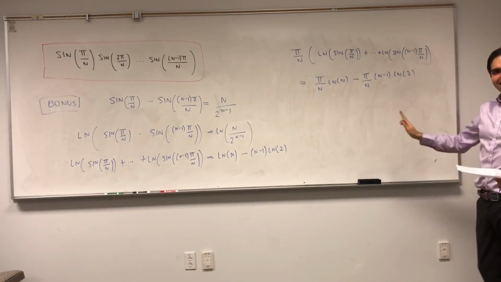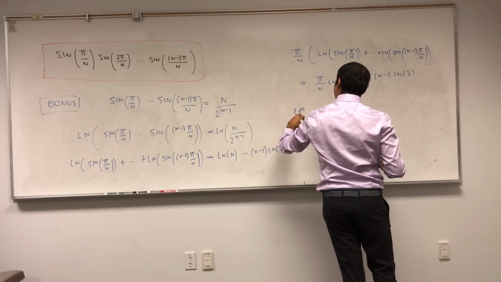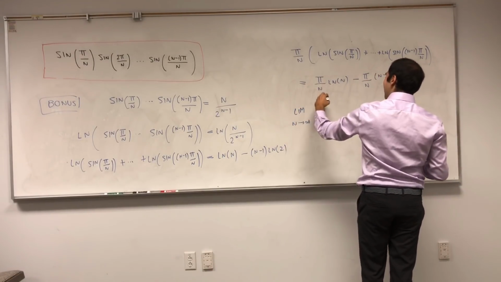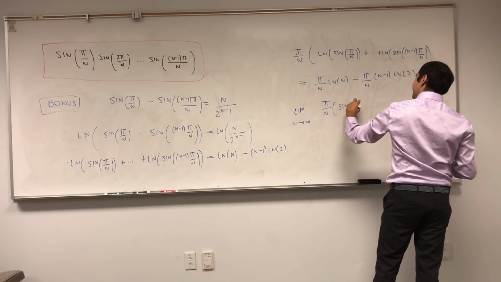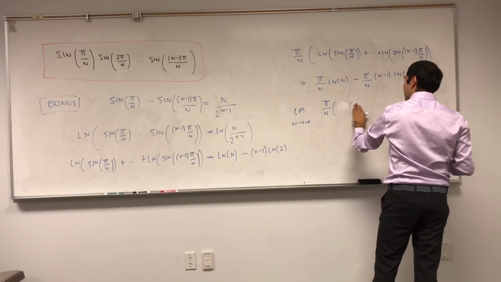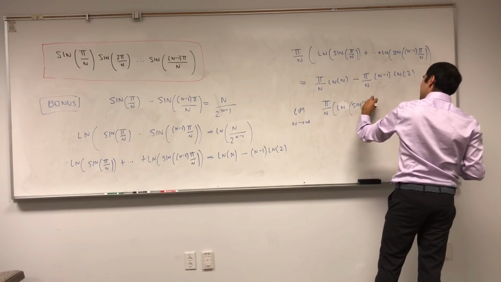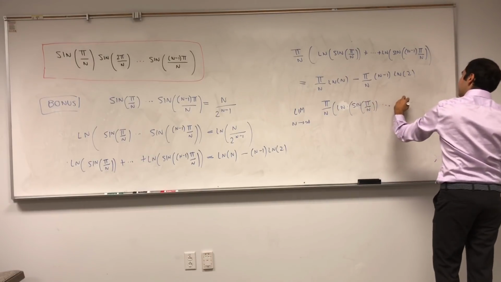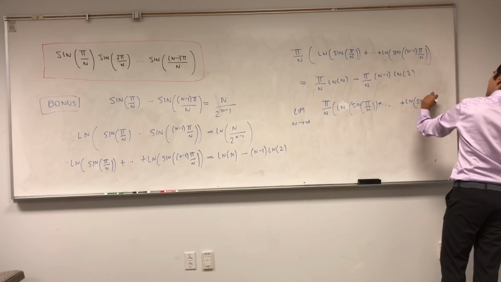And now lastly, again for reasons apparent in a second, let's take a limit. Limit as n goes to infinity of this thing, ln of sine of pi over n plus dot dot dot plus ln of sine of n minus 1 pi over n.